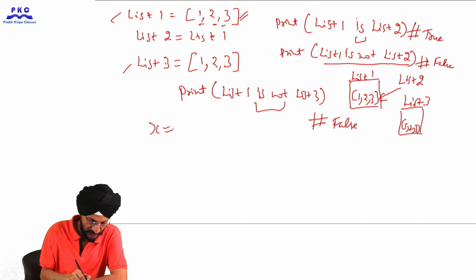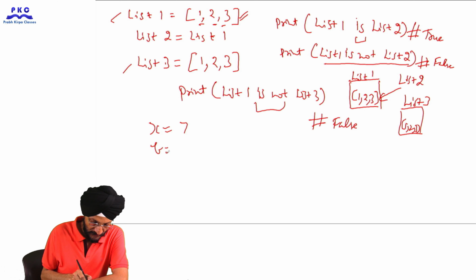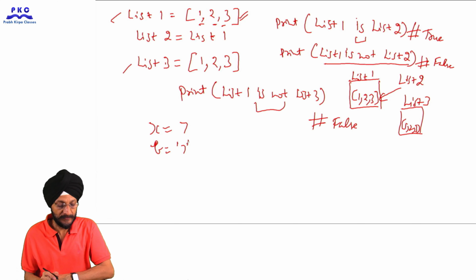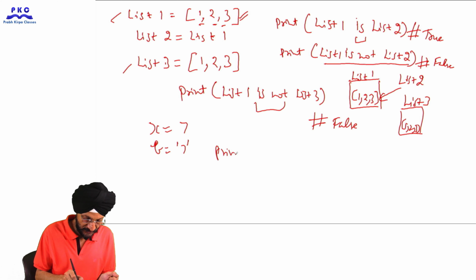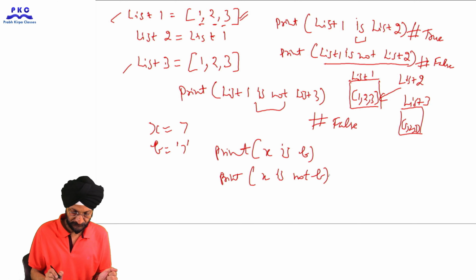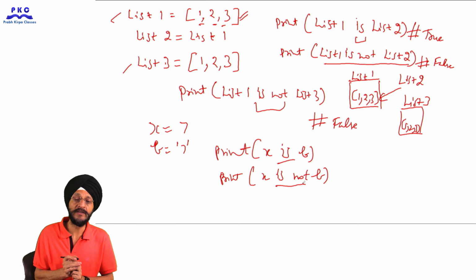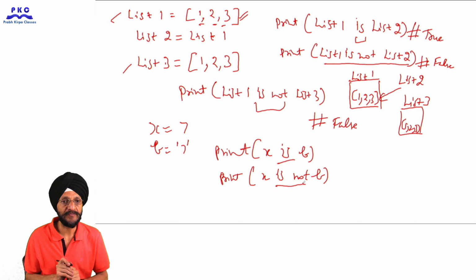Now another example. If we write x is equal to 7, b is equal to 7, and then use the print function, x is b, and print x is not b. Here we are using the is operator and the is not operator.